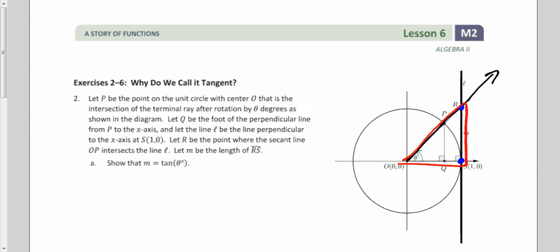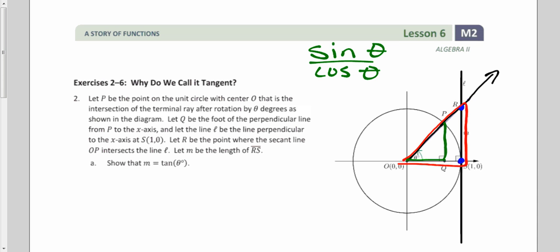Okay, now, what is the tangent of this angle? It is opposite over adjacent is one way of looking at it. So it's the length of this line divided by this line, or I could say it's the sine of theta over cosine of theta. That's one way of looking at tangent.